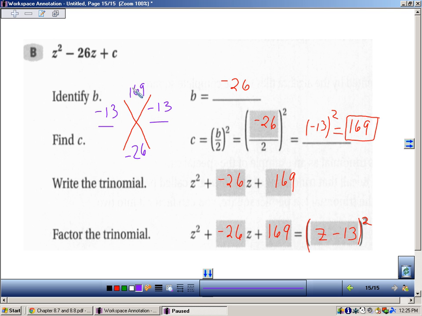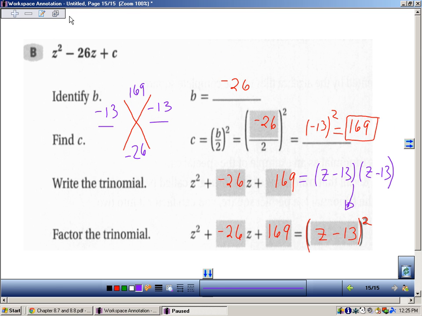And so that would be z minus 13 times the quantity z minus 13. And writing that as an exponent, that would be the solution. Hopefully it starts making some sense.